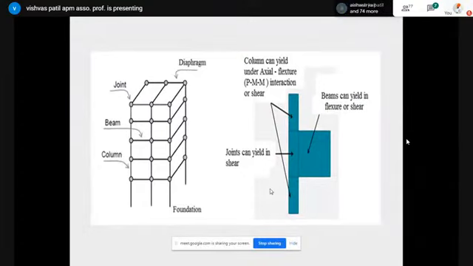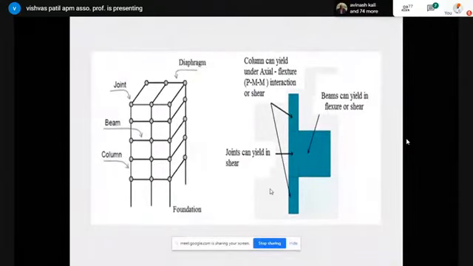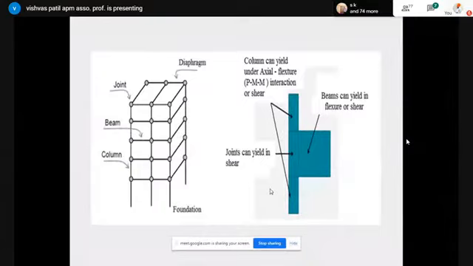At which section? If you plot the bending moment diagram of a frame subjected to lateral load, it is triangular, with maximum at both ends. Therefore, maximum flexural and shear stresses will be in the end zones only. These are the probable locations. Therefore, we have to assign the non-linearity on the end zones only, especially for the beam.